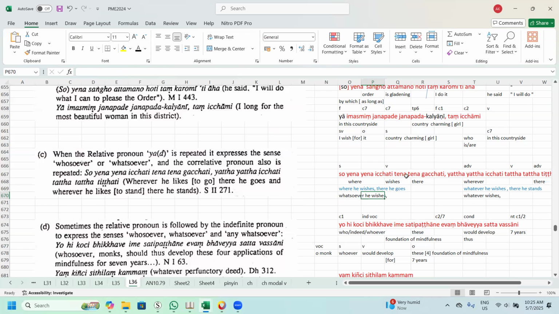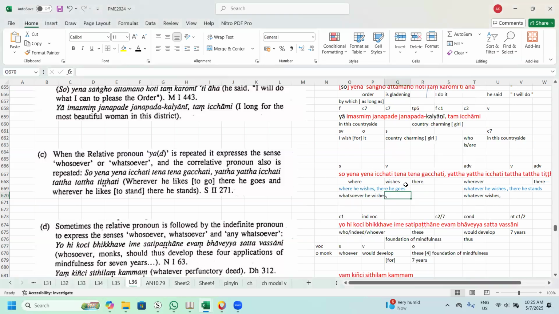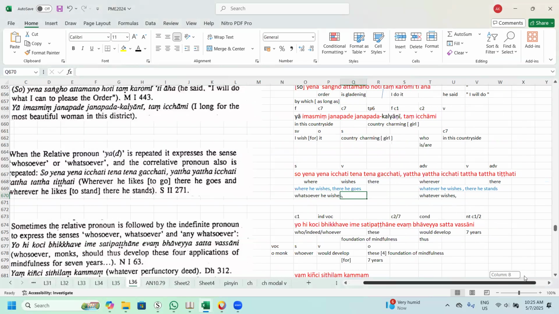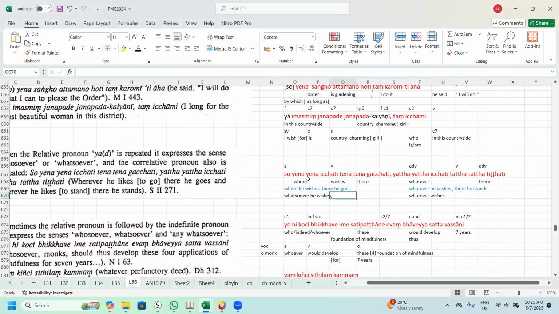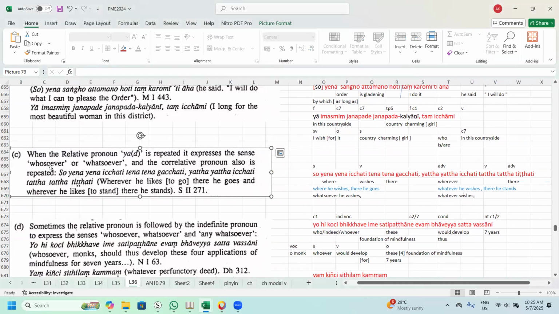And come to here. This one is very hard to say, so you still have to stick to that. There he goes. Okay, so repeat here, repeat here. The next one, repeat, because this is still a relative pronoun. In this case, he says here, whosoever, whatsoever.